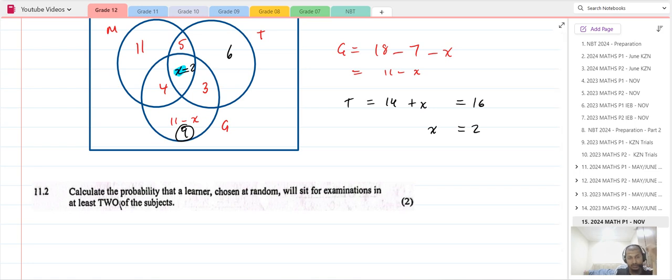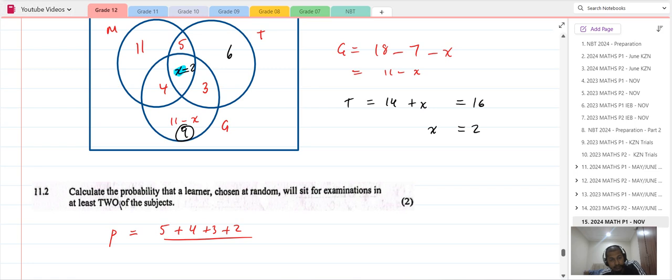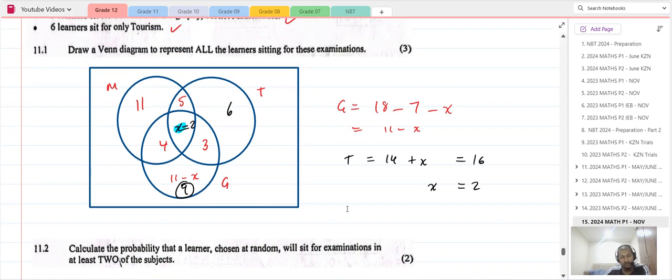So we need to add the total of 5, 3, 2 and 4, because that's at least 2, at least 2, at least 2, and this is all 3. Alright, so probability is 5 plus 4 plus 3 plus 2 divided by, what's the total? So if I sum up all this, what's the total?